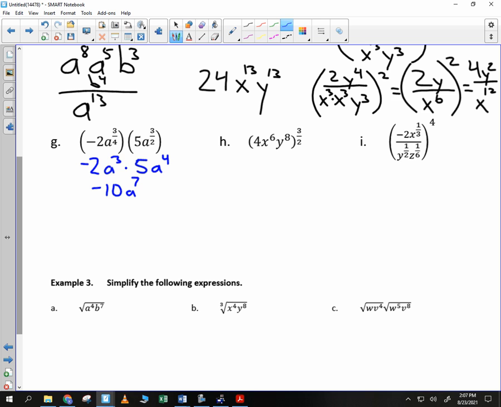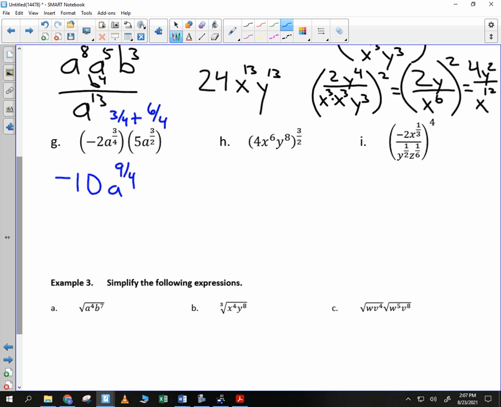Well, let's do the same thing. So negative 2 times 5 is negative 10, a to the, I need to add the exponents. So that's 3/4 plus, what is 3/2 as fourths? 6/4, and that makes 9/4. Look at how smart you are. Look at that. We took something with fractions, we made it easier.